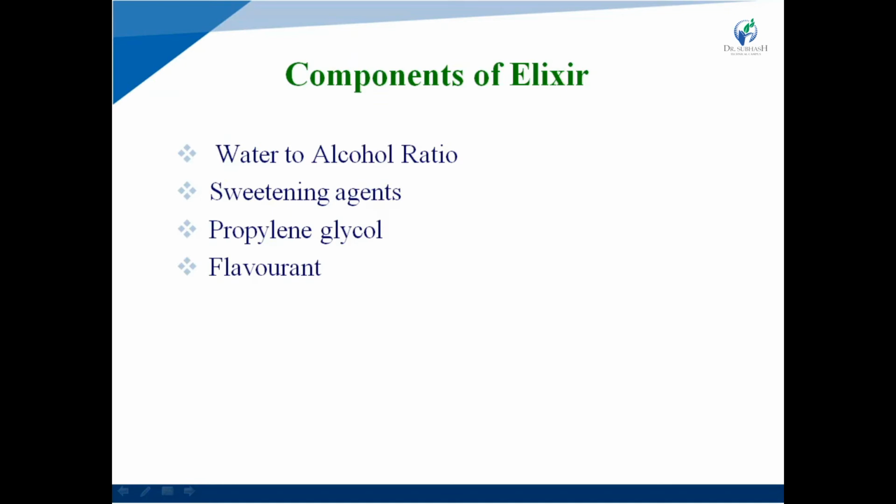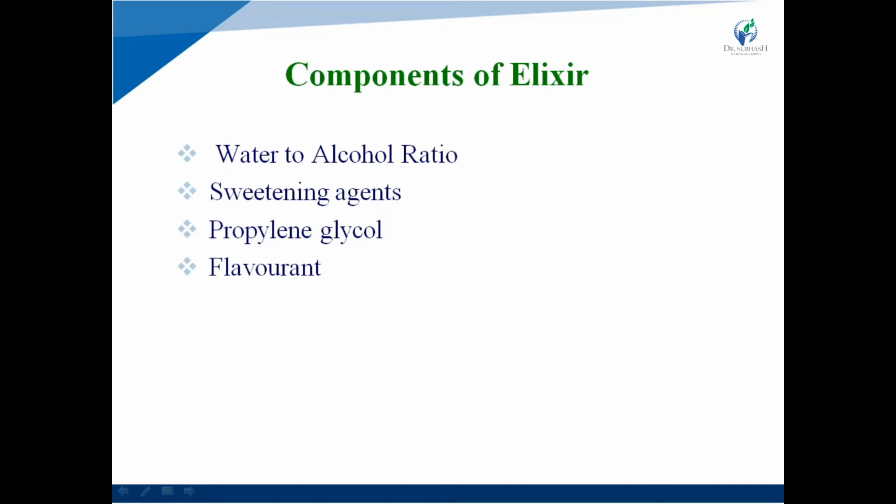Preservatives that are used for elixir. Which type of preservatives are used? Parabens. Parabens are a class of widely used preservatives in pharmaceutical products. Examples are methyl paraben, propyl paraben. Next class of preservative is benzoates.